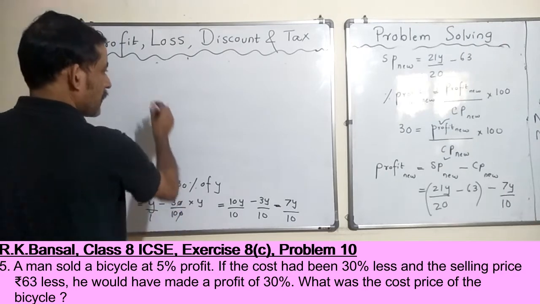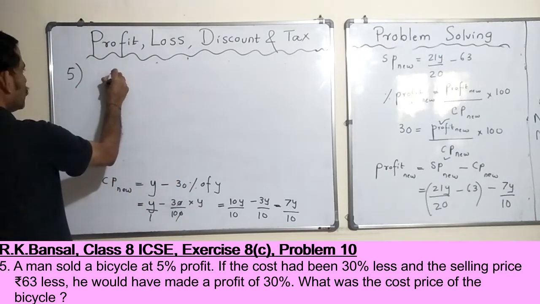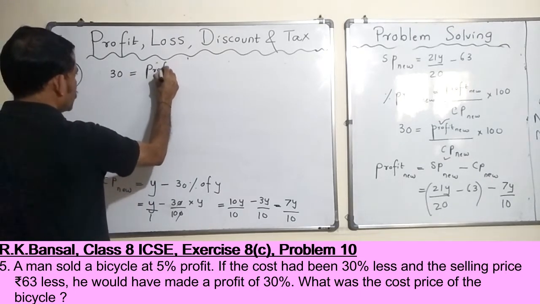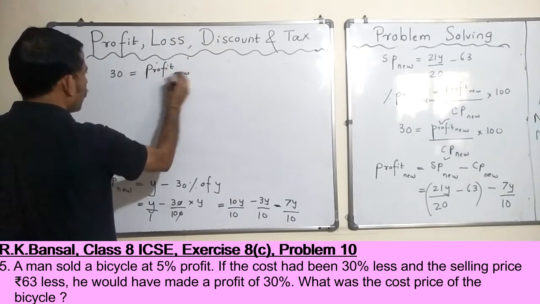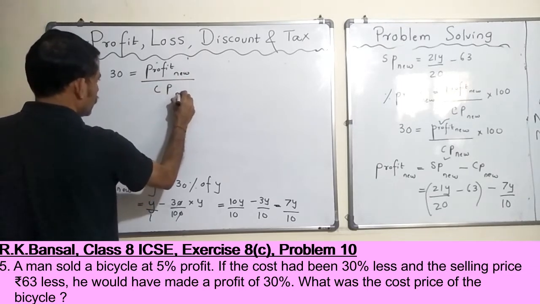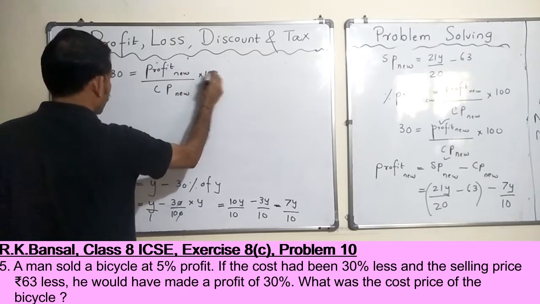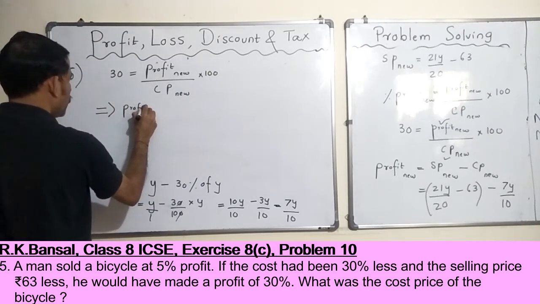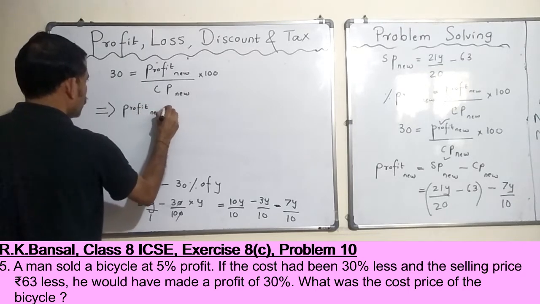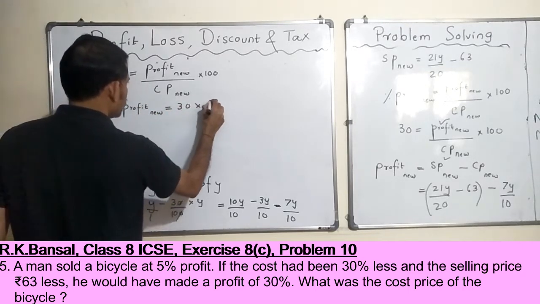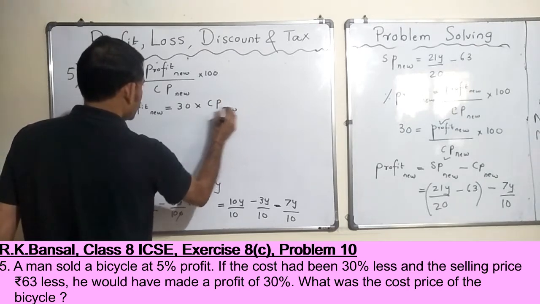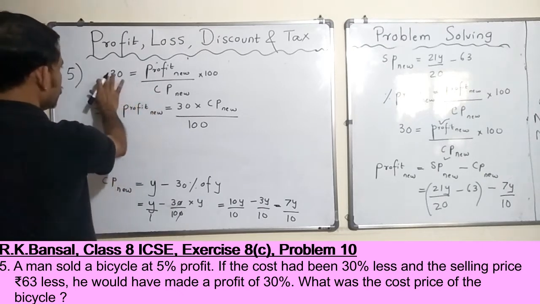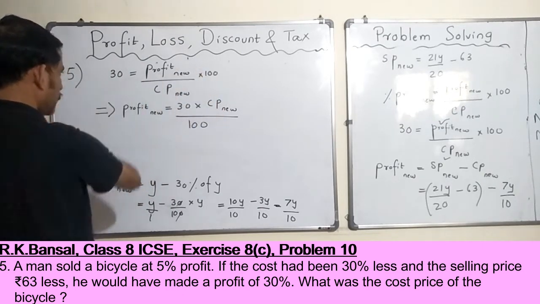Okay. So 30 is equal to profit new by Cp new, cost price new, into 100, which implies profit new is equal to 30 into Cp new, just a rearrangement of the terms. I just brought this here, so it became this, and I took 100 there.